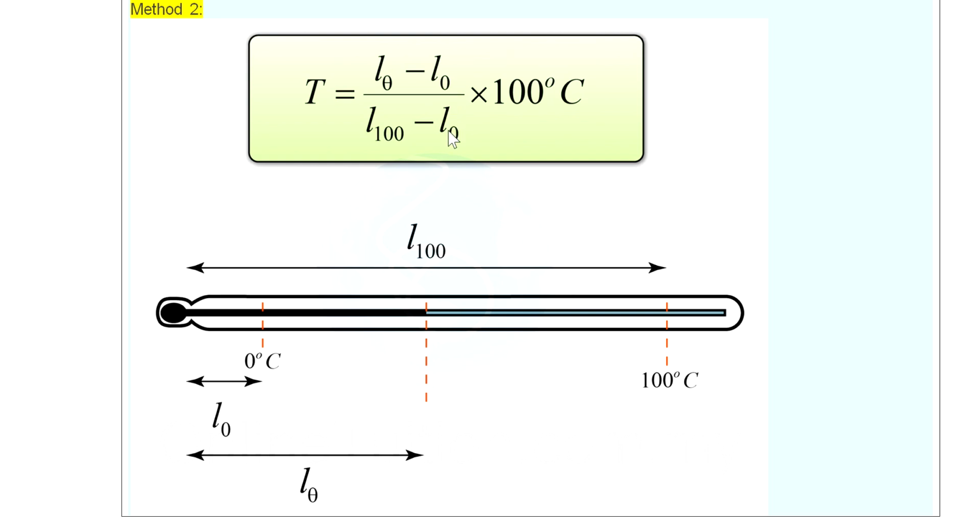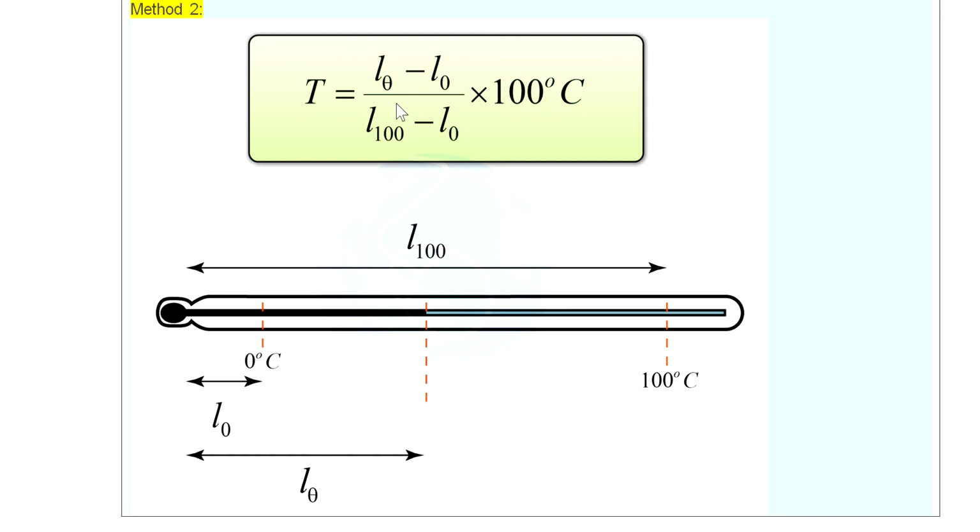So L theta, L100 and L naught, these 3 lengths will give us the unknown temperature. If we divide, then multiply with 100 degrees Celsius, that is the difference between the higher fixed point and the lower fixed point.